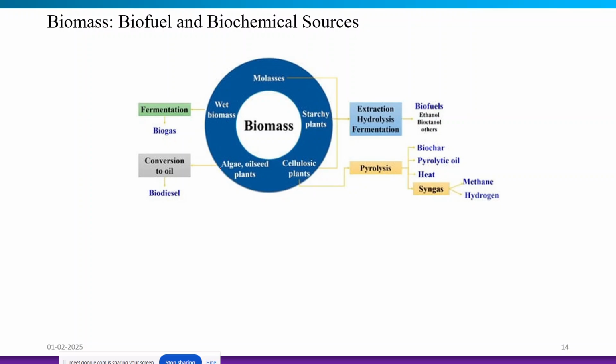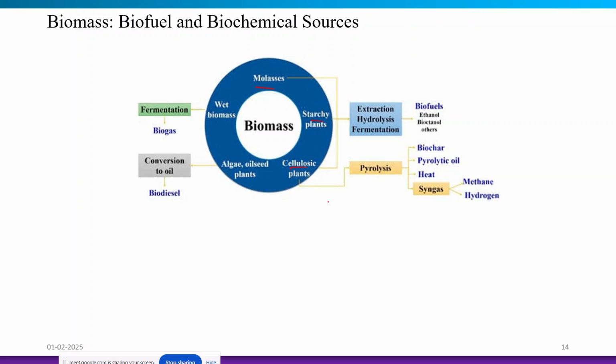From microalgae or oil seeds, you can convert the oil content to biodiesel in various processes, such as transesterification or direct liquefaction. When you are talking about molasses, starch content or cellulosic content, those are extracted, hydrolyzed, and fermented to produce biofuels like ethanol, bioethane, or others.